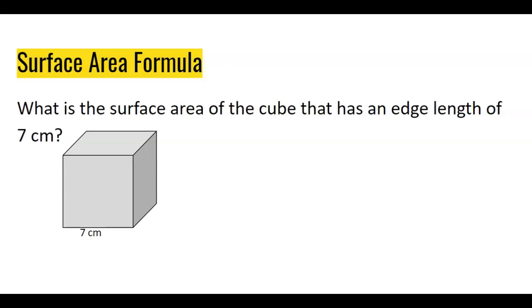If we don't have a net and we just have either words or a picture, it's still pretty easy to find surface area of a cube. This cube has an edge or a side length of 7 centimeters. So to find the area of this face, it's 7 times 7, which is 49.